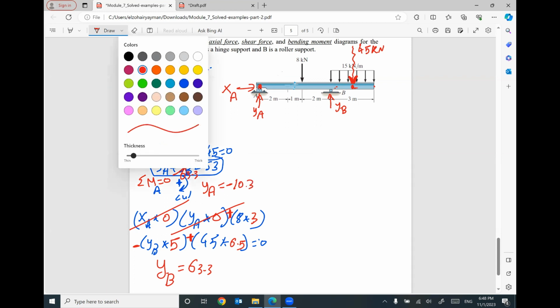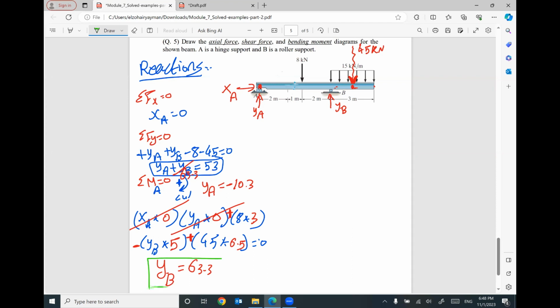So keep in mind, a positive reaction for YB means this direction is correct, 63.3. A negative value for YA means this direction is not correct. The actual direction is down. This is the correct one, down. How much? 10.3. Does that make sense? So be careful about the correct direction of these reactions.